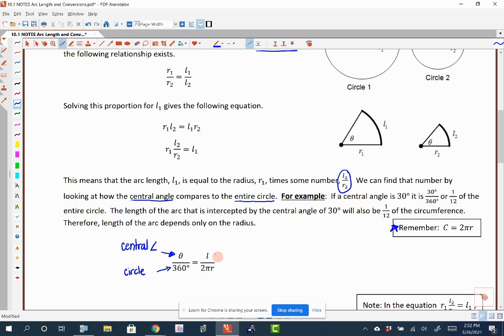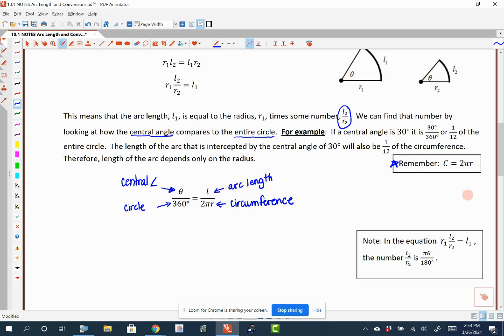And then that's going to be equal to our L, which is our arc length. And we're going to compare that to our circumference. So here's our two ratios creating our proportion. So let's go ahead and solve for L.